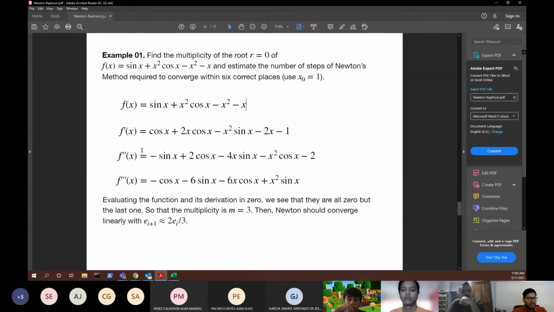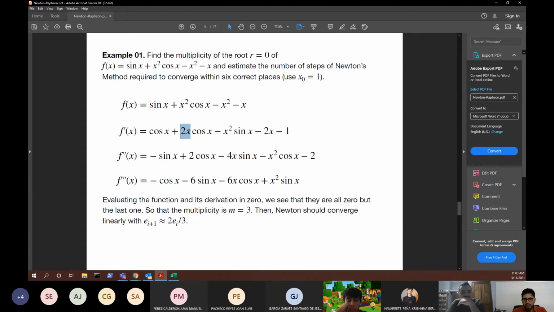So next, the second derivative. The cosine of x becomes minus sin of x. This derivative is again a uv function. So again, derivative of this one times this one minus derivative of this one, which is minus sin, times this one, derivative of this one.